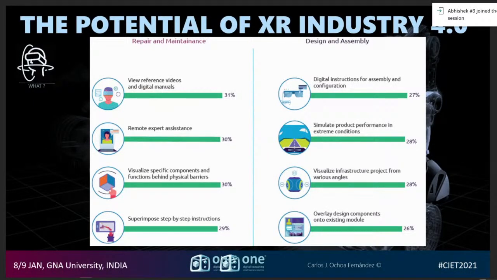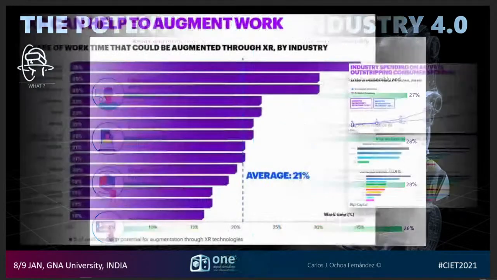For instance, view reference videos, remote expert assistance, digital twins, visualize specific components, collaborate in virtual environments, digital instructions, simulations, visualize infrastructure projects, overlay design projects over the existing modules. So the benefits are quite a lot, and the potential of that.